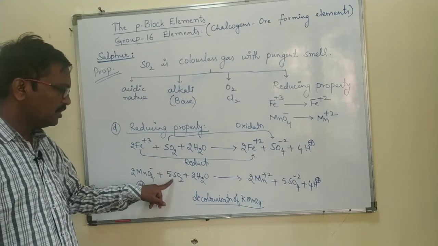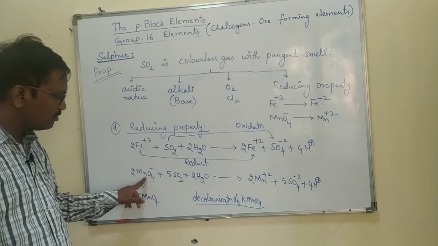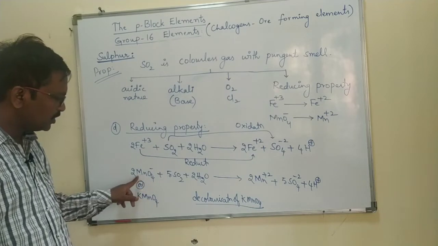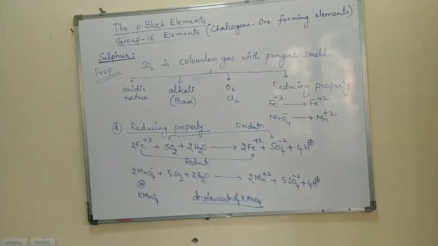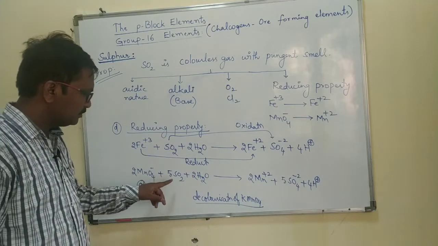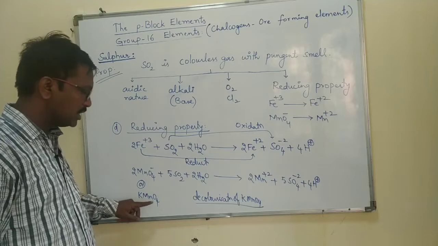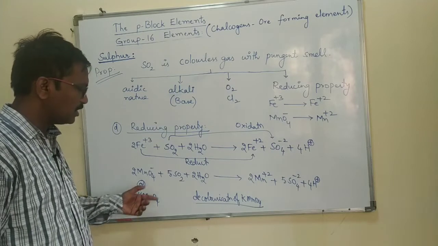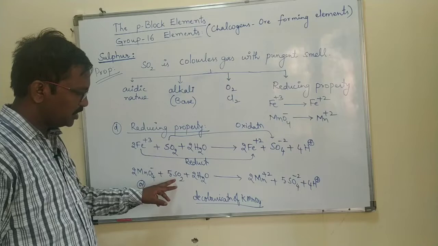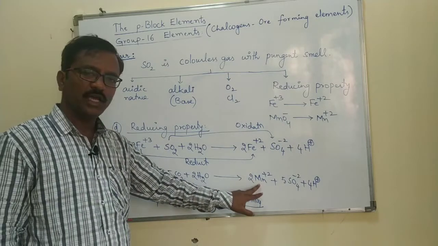In the same way, sulfur dioxide reduces KMnO4, potassium permanganate, which is generally violet in color. When you pass sulfur dioxide, it is converted into Mn plus 2.